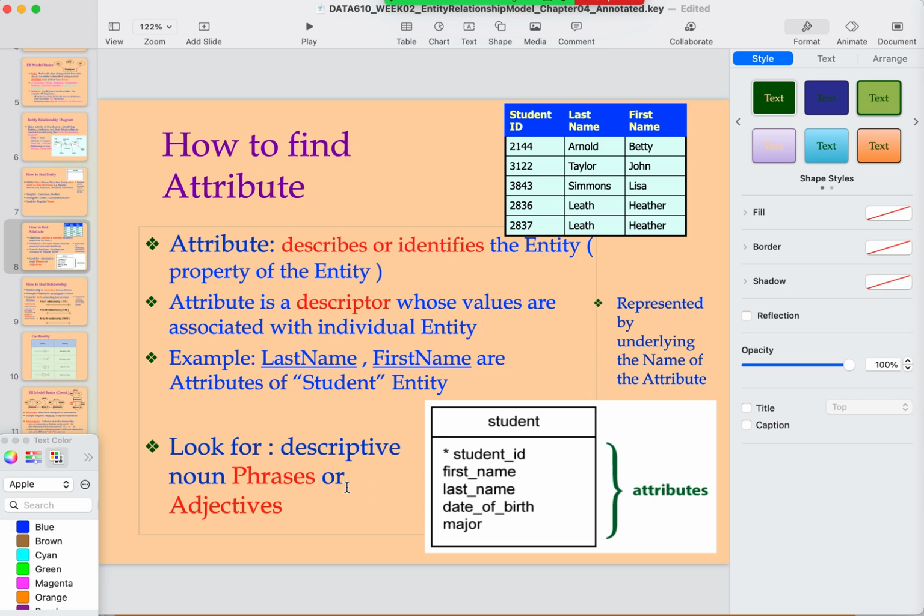And to find the attributes, we look for noun phrases or adjectives. The adjectives in the description that the customer is giving us will be describing the entity.